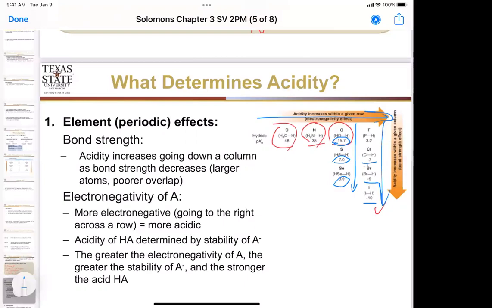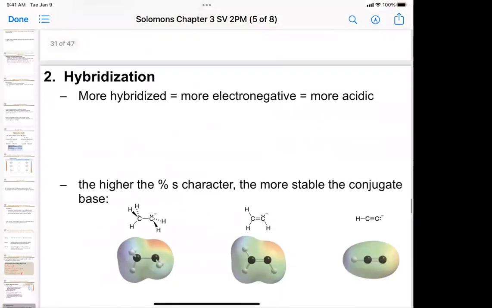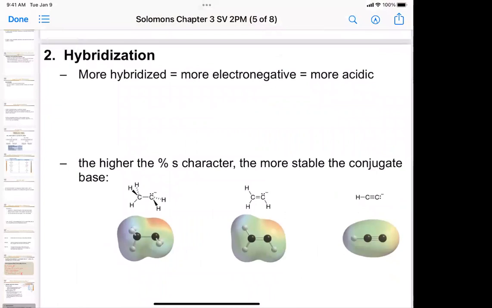And so because we compare both of those 2 as number 1, let's move on to hybridization. I told you that when we looked at the chart of things to know, which will include sp3 hybridized carbons, sp2 hybridized carbons, and sp hybridized carbons, we'll see there's a change in the electronegativity and the acidity.